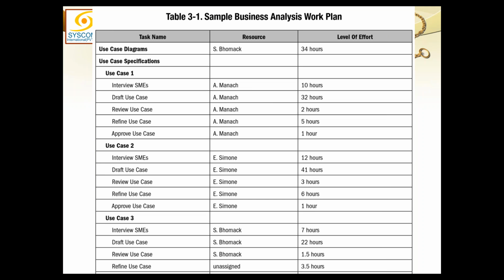It may change over time, as we said already, that our estimation of effort and resources is approximated, and it is the best approximation we can make at this stage. So like, in use case 1, we have interview the subject matter experts, draft the use cases, and so on and so forth. So each activity or requirement fulfillment may take some time, and that approximation is put here.